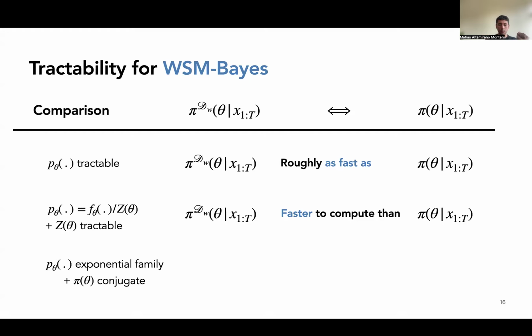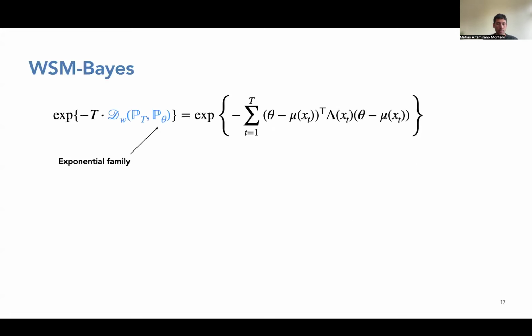But the case that we really care about, and the three examples from before, is when you are able to compute the posterior in closed form, which means you are in this conjugate world. So you assume an exponential family model, and then you select a conjugate prior. In this setting, standard Bayes is available in closed form, and what about us?